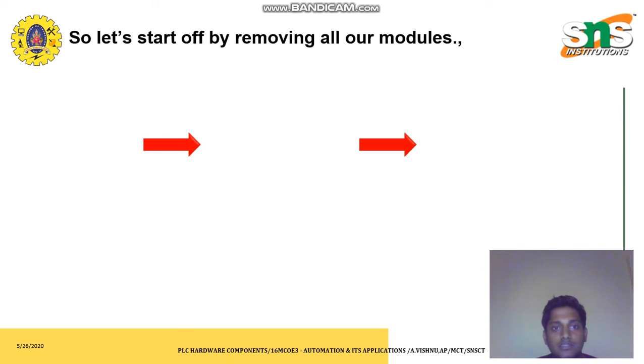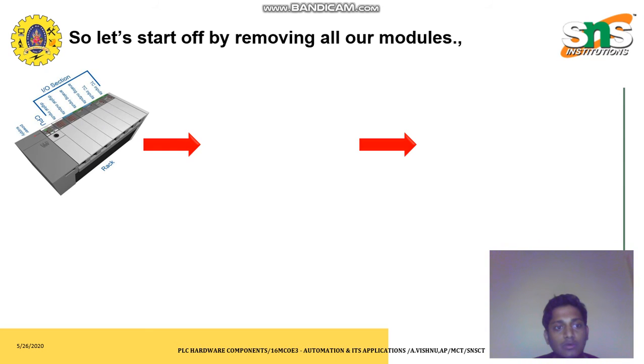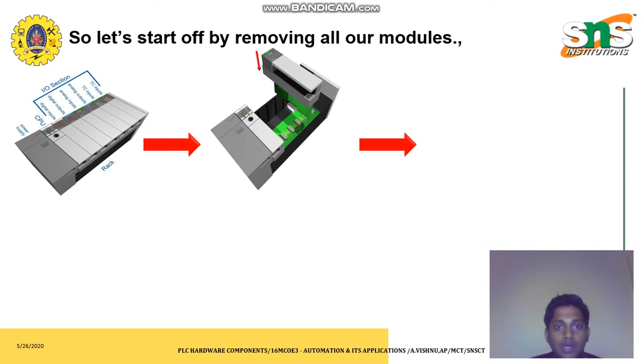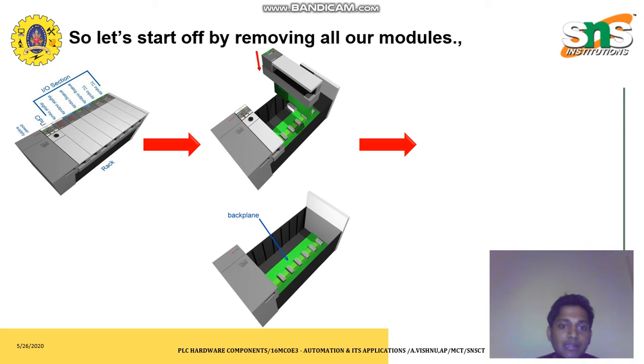So let's start off by removing all the modules, and let's see how this PLC looks and how the hardware components in the PLC are seen. This is how the packed PLC looks like. We can remove the input I/O sections rack by rack like this. We can completely strip these racks and get a final back panel like this. So this is how a modular PLC looks like.